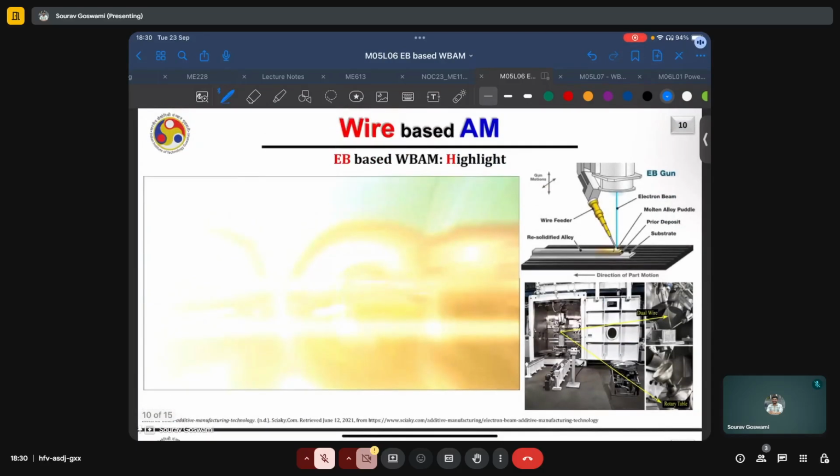Here we have another schematic of the wire-based electron beam additive manufacturing method, where we see how the wire is being fed in a lateral direction, and the electron beam is melting the wire and depositing the layers.